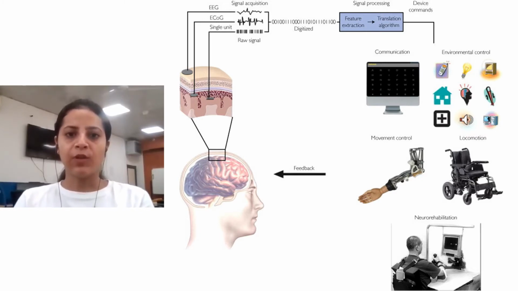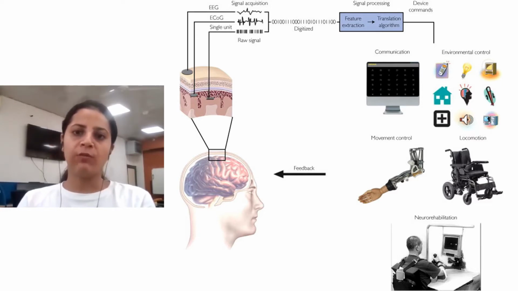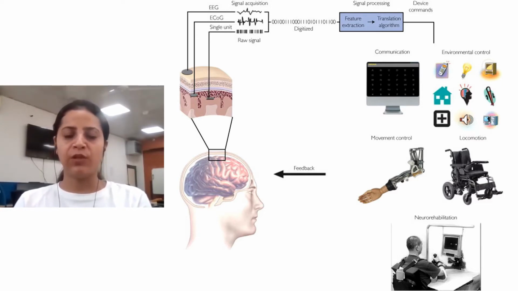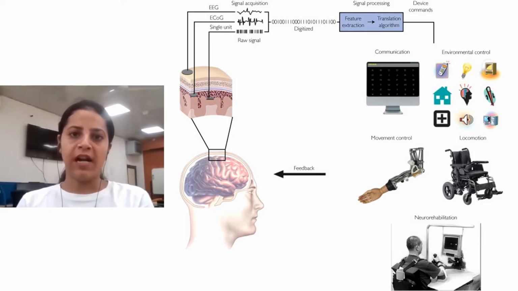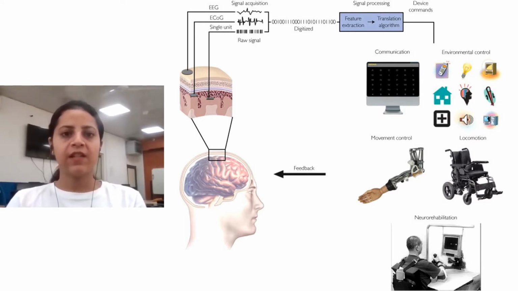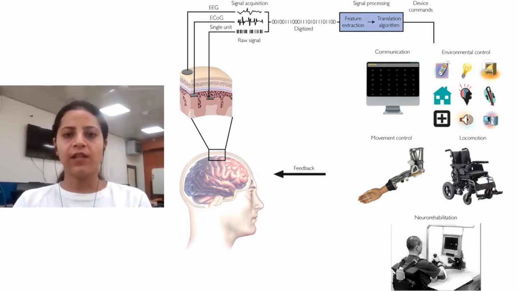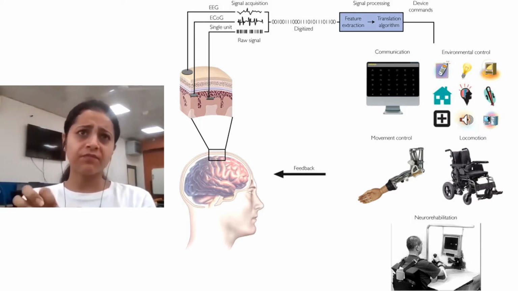These commands can be used to control external devices like an artificial hand, a locomotion device, or a text to speech or brain to speech synthesizer. This whole scenario is the brain computer interface, where we interface the brain with the computer.